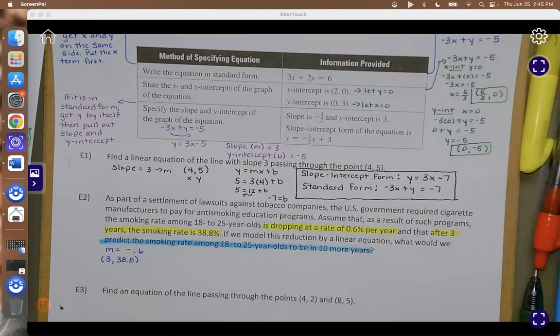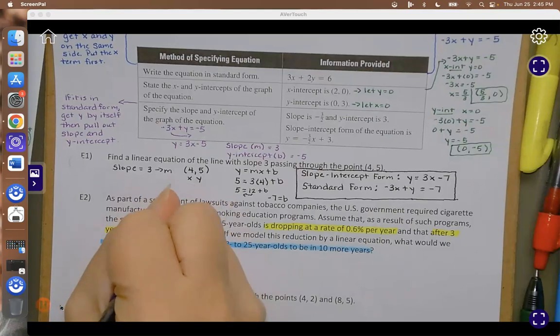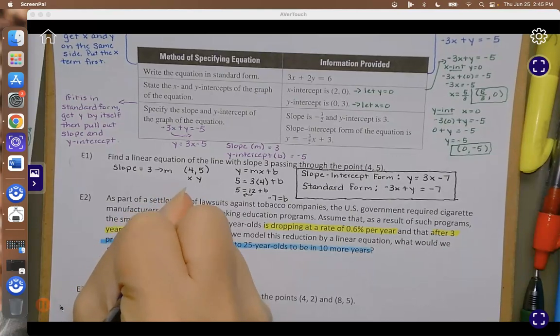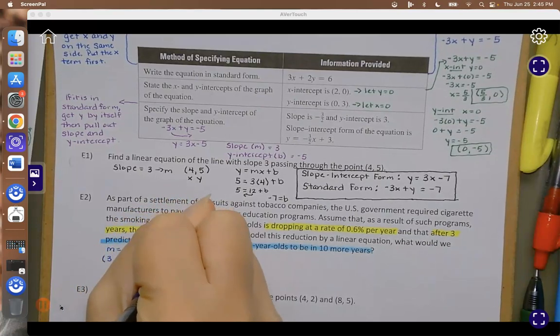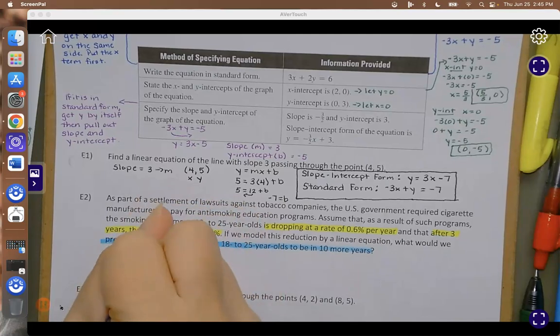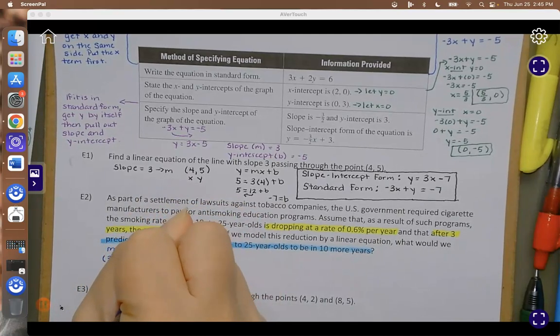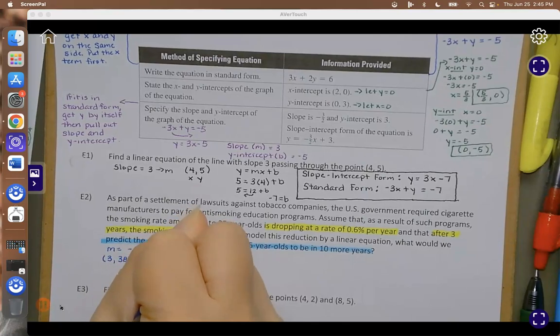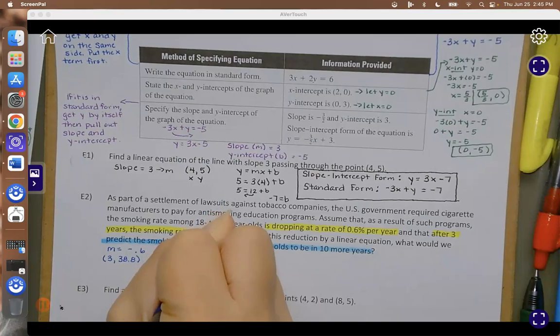38.8, excuse me, 38.8. So plug this in like we did just a few minutes ago into y equals mx plus b. So y is 38.8, m is negative 0.6, x is 3.